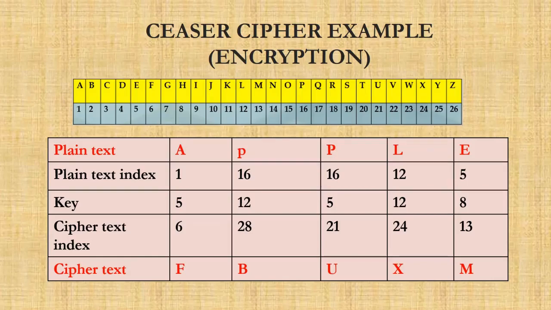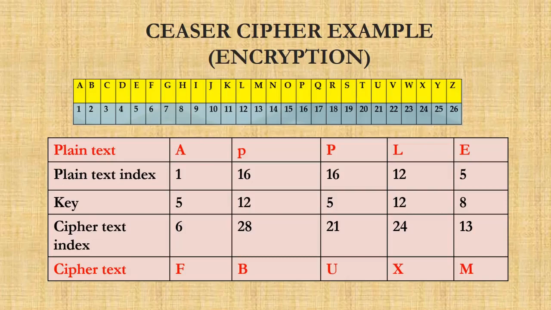But there is a rule. If the ciphertext index is greater than the main index, then the math will be slightly different. Then we will divide the cipher index by 26.